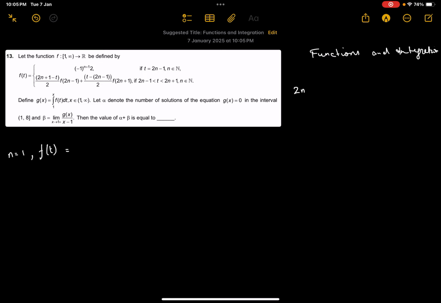So we'll just replace it by (2n+1 minus t) by 2 minus (t minus (2n+1)) by 2 times f(2n-1), because f(2n-1) would be (-1)^(n+2) and f(2n+1) would be (-1)^(n+1) into 2. So that becomes negative of f(2n-1).